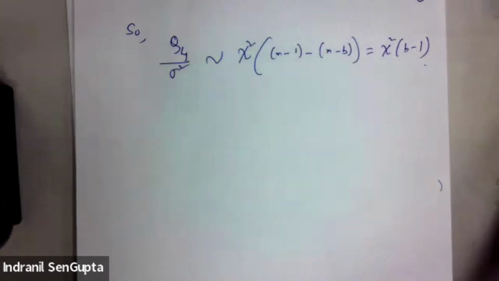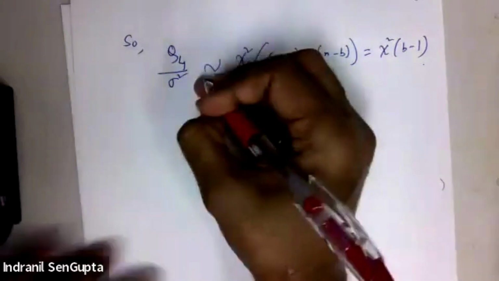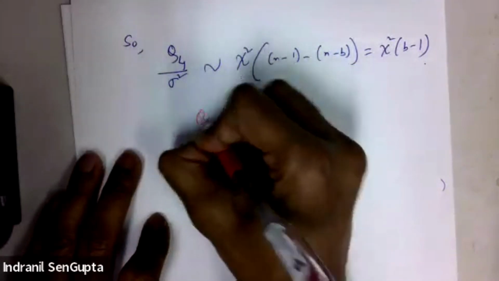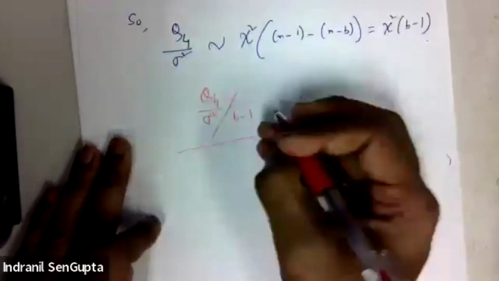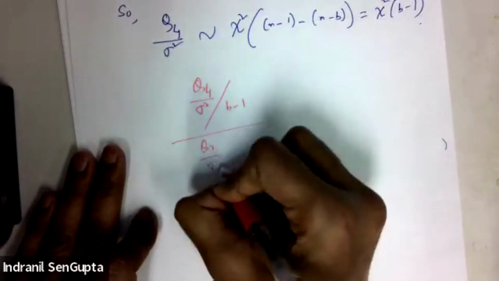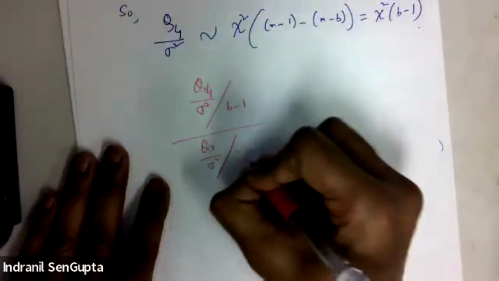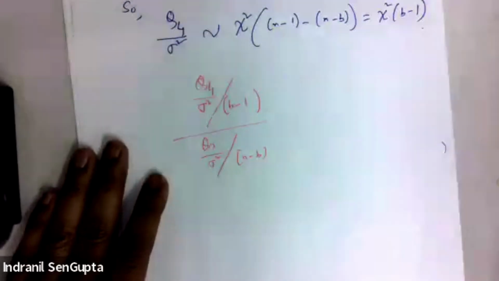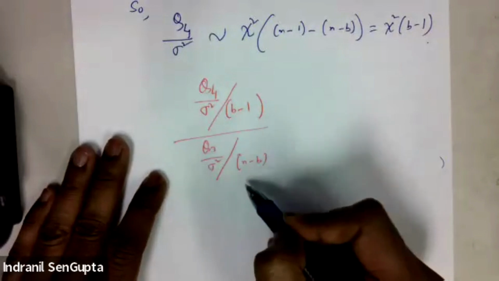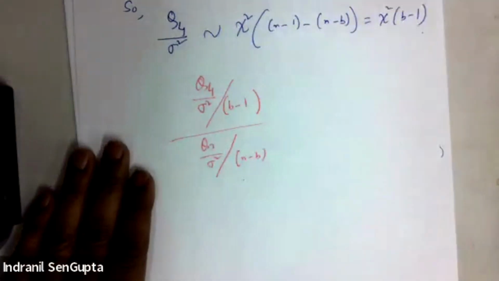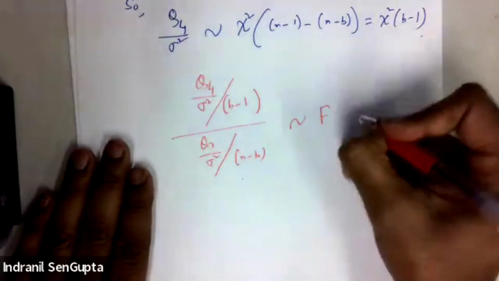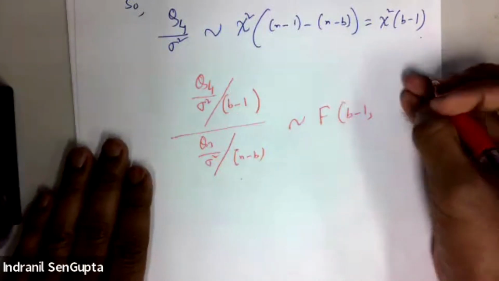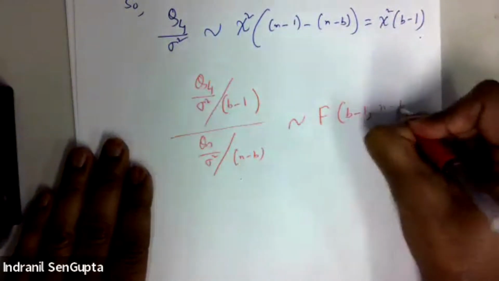So we have these two nice distributions. Now let's consider this quantity. We have this Q4 over sigma squared, it's chi-squared, so divide by b minus 1. And then we have Q3 over sigma squared, divide by n minus b. Chi-squared divided by degrees of freedom, chi-squared divided by degrees of freedom. So we know that this follows an F distribution with b minus 1 and n minus b.